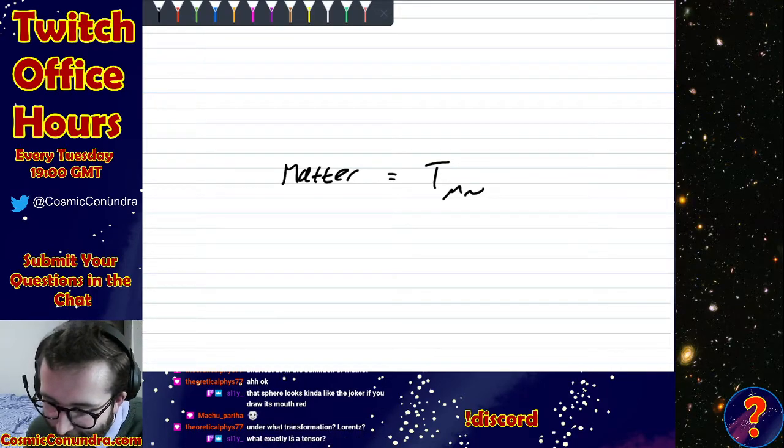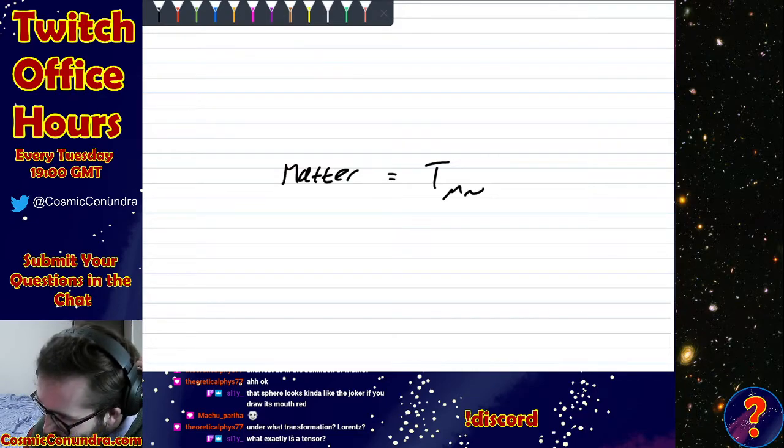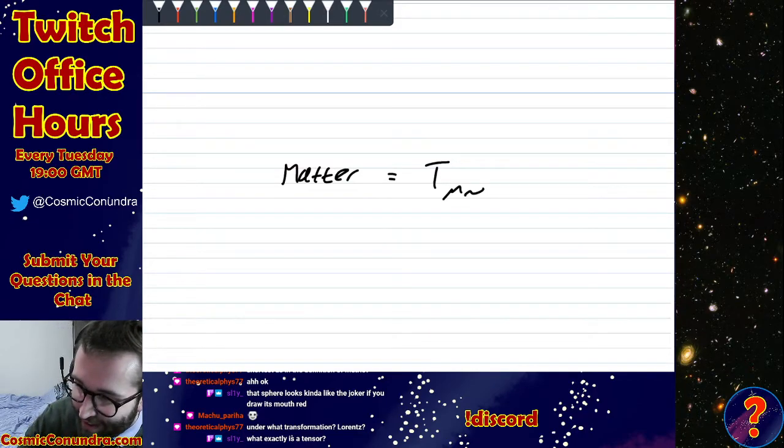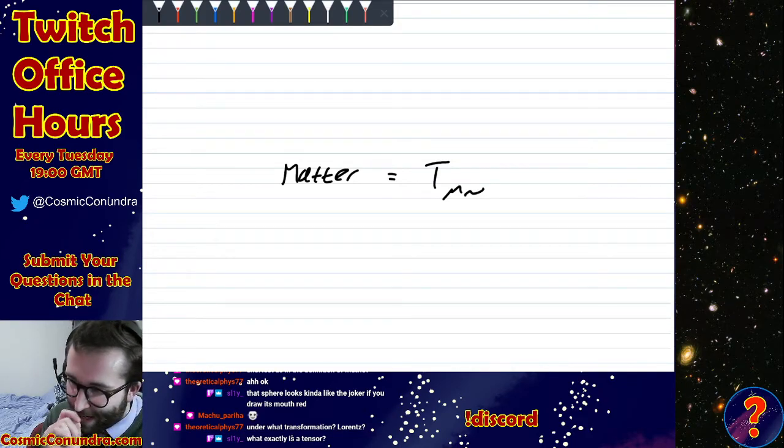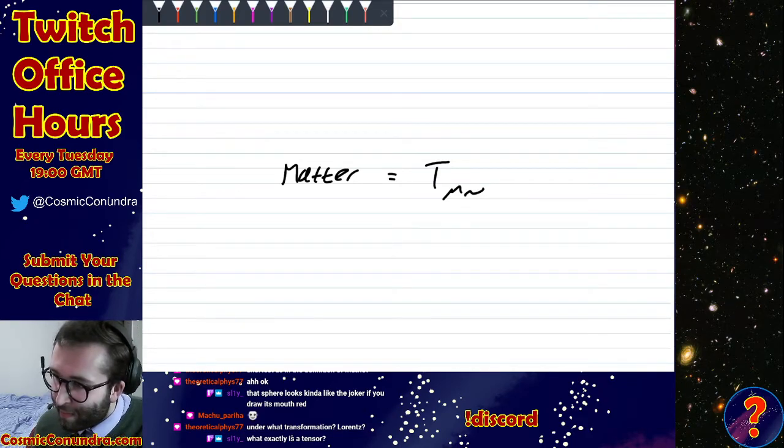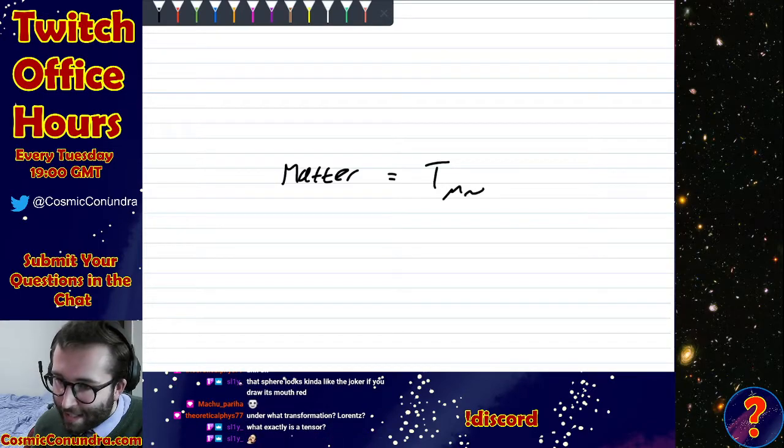Okay, what exactly is a tensor? Well, there are a lot of ways to answer that question. In fact, the question is a bit of a meme, I think, because people often say a tensor is something that transforms as a tensor, which is a definition people laugh at, but it's not a bad definition. But there are slightly more sophisticated ways of defining them in terms of vector spaces and dual vector spaces.